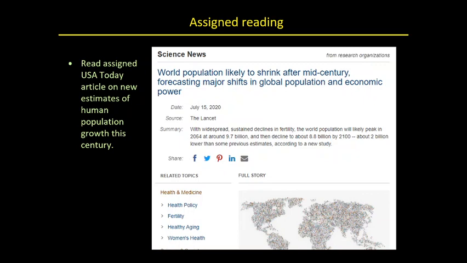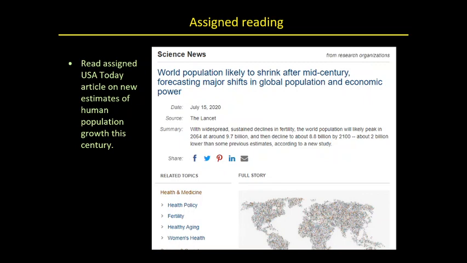So that'll be about retirement age for a lot of you guys. And that peak, importantly, will be around 9.7 billion. Then populations are projected to decline to about 8.8 billion by the end of this century, which is, as you recall, about 2 billion less than the estimates that I showed you earlier in this video lecture.